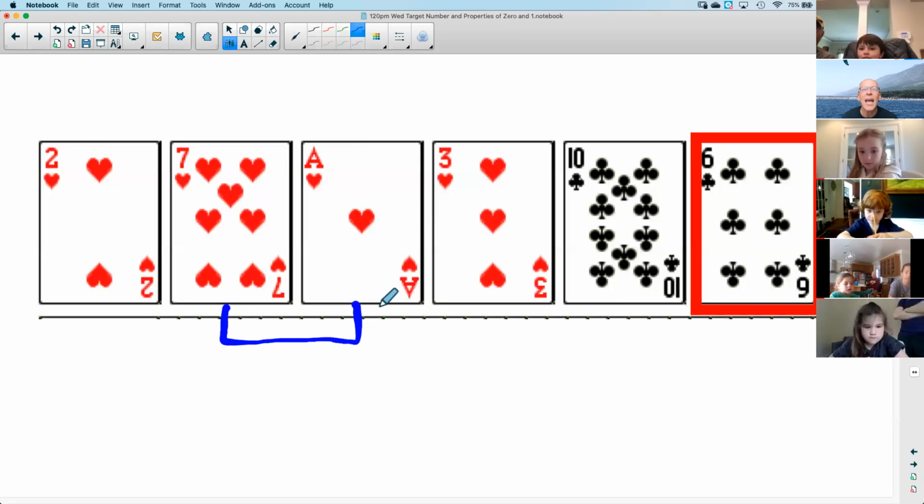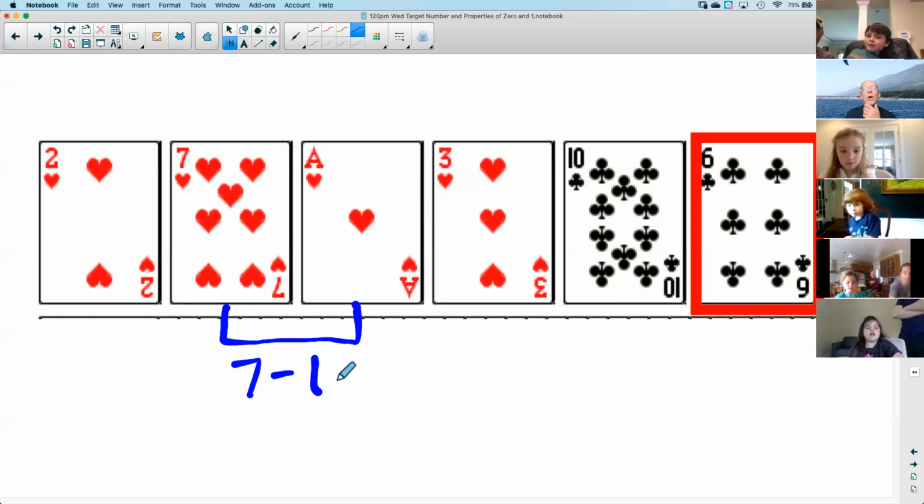7 take away 1 is what? 6. All right. So 7 take away 1. Let's see, do I want to do that? Oh, no, no, no. Everybody check this out.